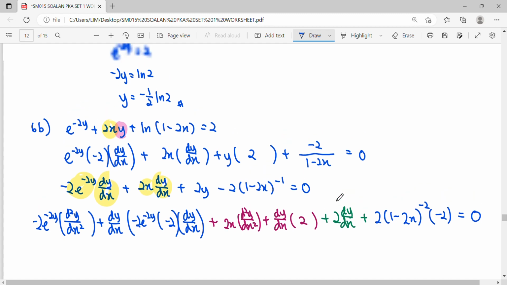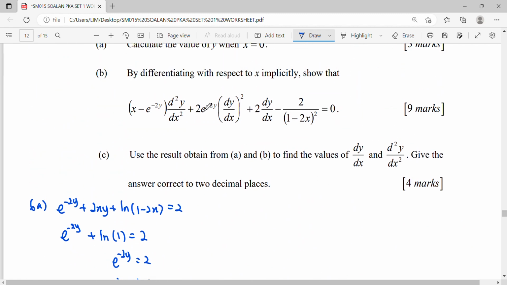We just need to rearrange so that we can get this. So you gather back the terms involving the second derivative d²y/dx², the terms involving (dy/dx)², the term of dy/dx, and the remaining term.